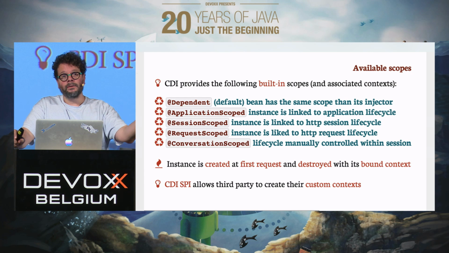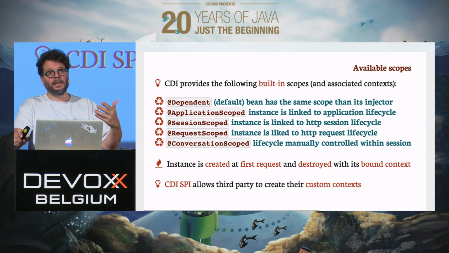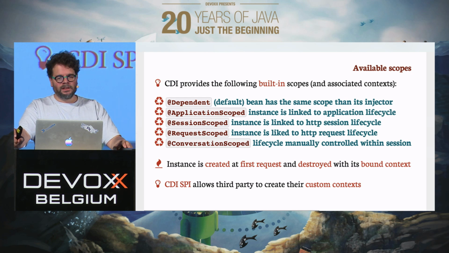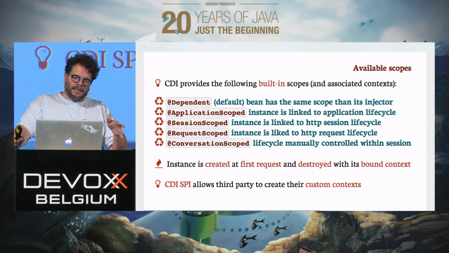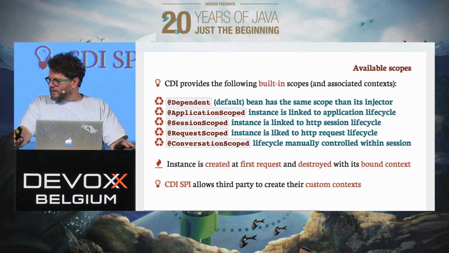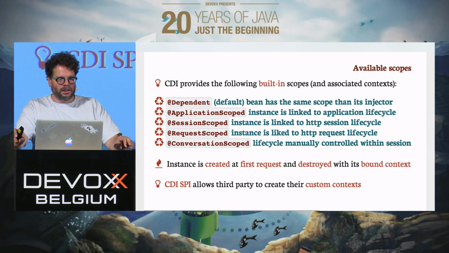So you have a bean created when a session is created and destroyed at the end of the session. Same for the request scope. You have this scope linked to the HTTP request, and to other specific use cases, but let's say that for the sake of our university, it's linked to the HTTP request.